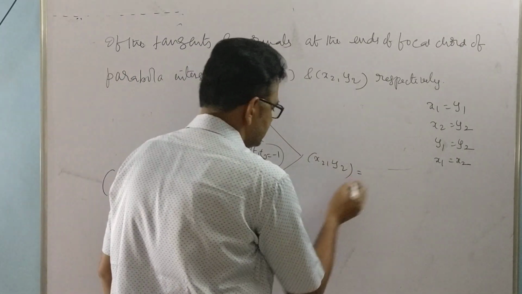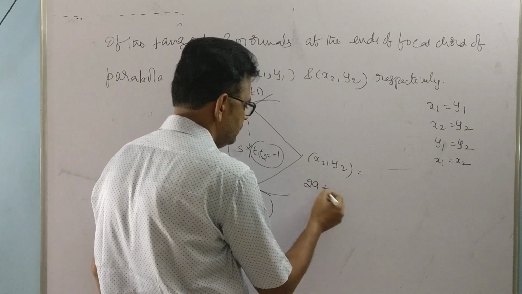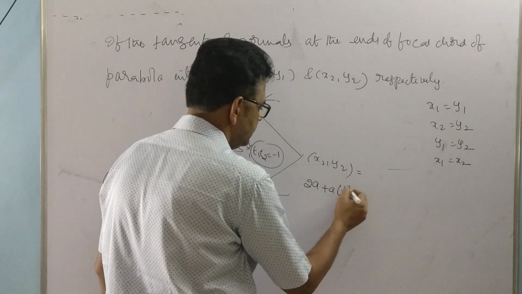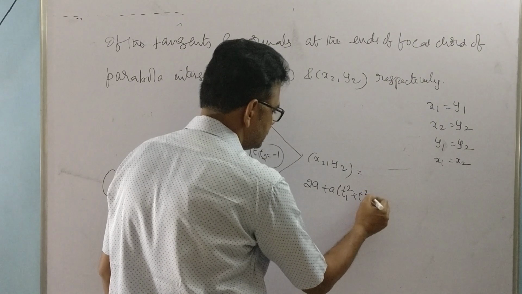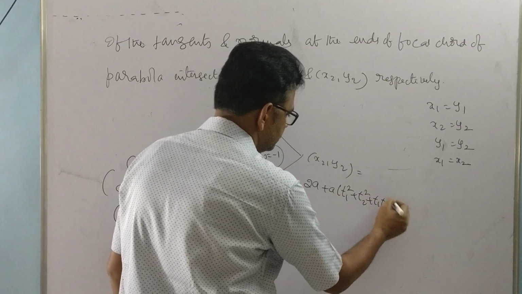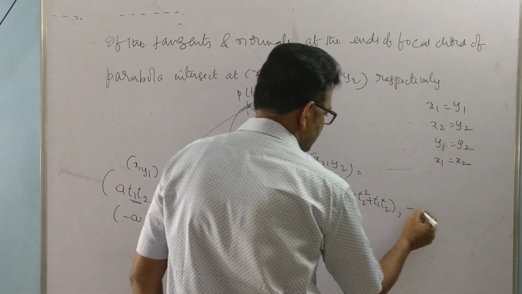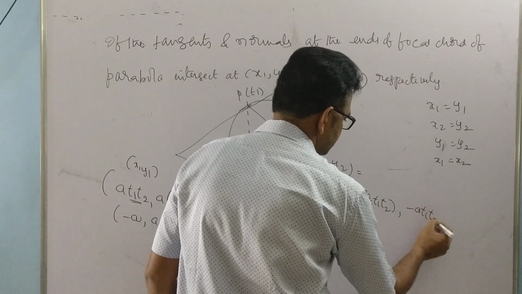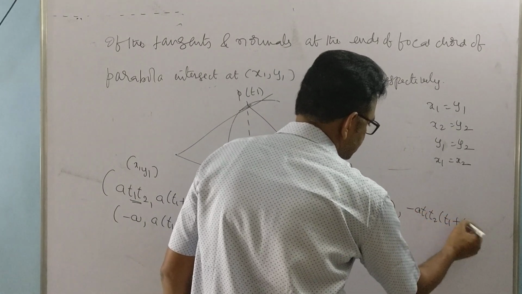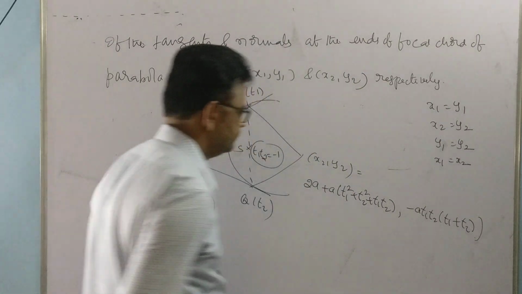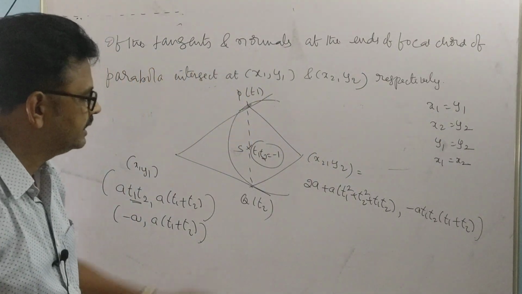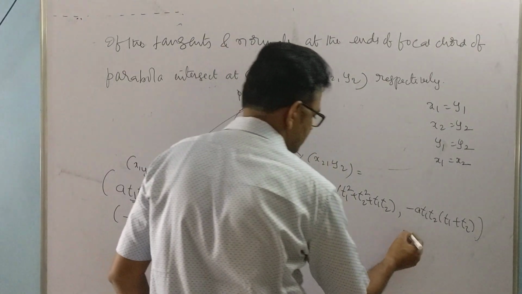Point of intersection of normals: 2A plus A into T1 square plus T2 square plus T1 T2, comma minus A T1 T2 into T1 plus T2, where T1 T2 is minus 1.